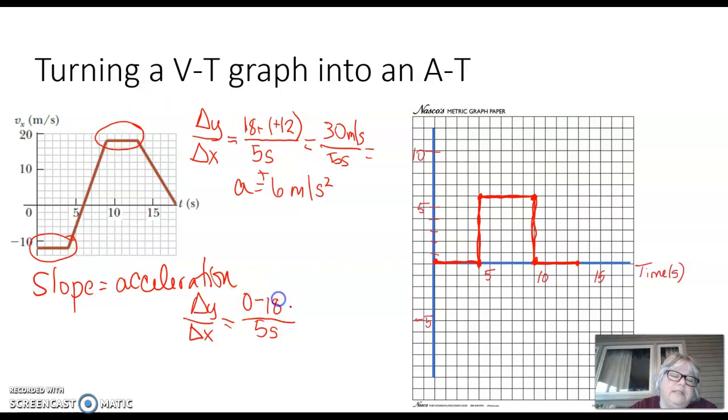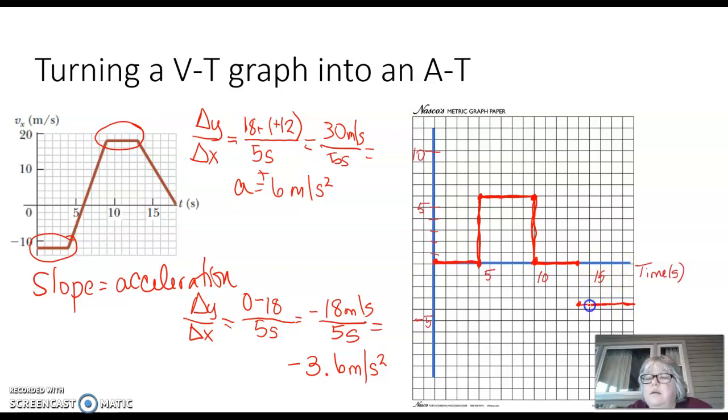So 0 minus 18 gives me negative 18 divided by 5, which is negative 3.6 meters per second squared. So I'm going to come down to about 3.5, and that's going to run to the edge of the graph, put in my connecting line, and there we have it.